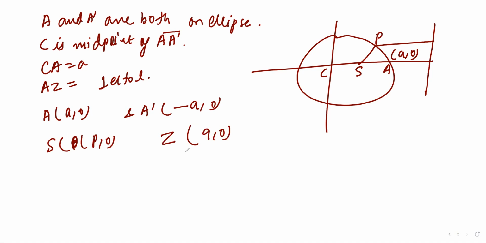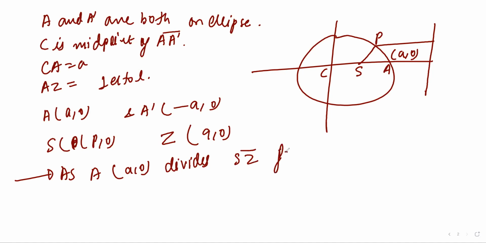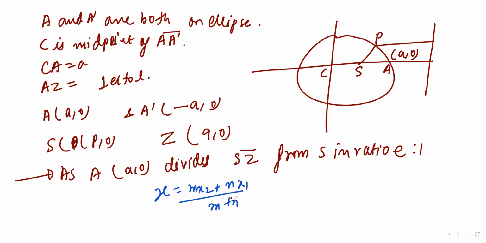So A, (a, 0), divides SZ from S in the ratio e to 1. By the section formula, what can we write? We know the section formula: x is equal to (m x2 plus n x1) upon (m plus n).